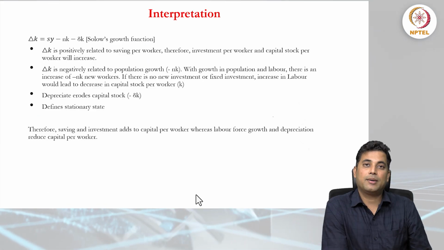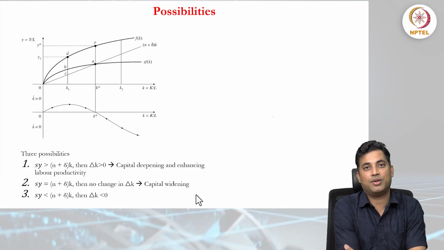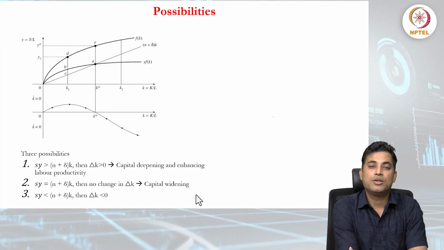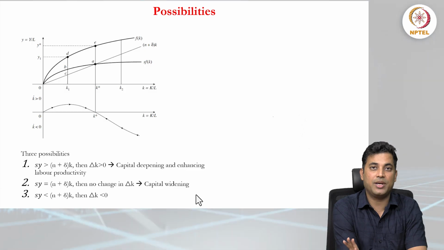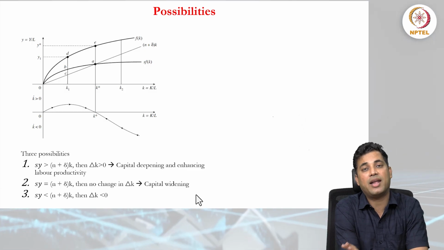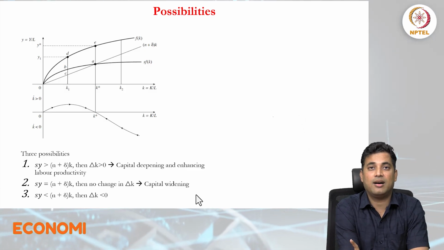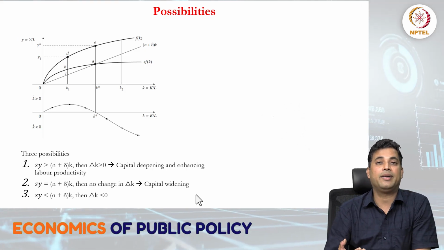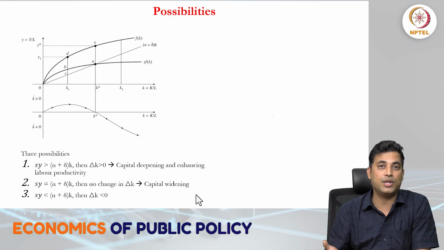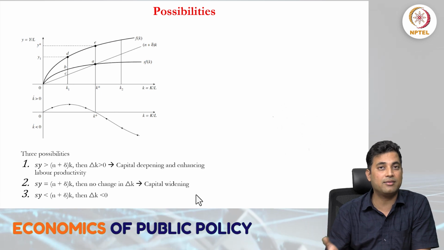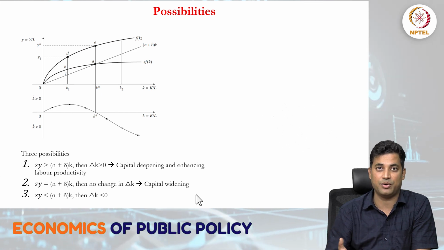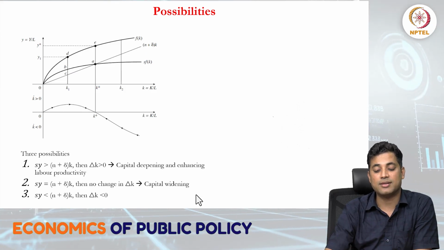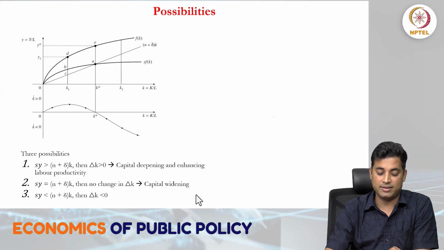Now let's move to the three possibilities that we can discuss to interpret the Solow model more. In the graphical representation, we discussed how the savings rate and (n plus delta) times k are related when delta small k equals 0, is greater than 0, and is less than 0. In this slide, we will discuss these three possibilities.